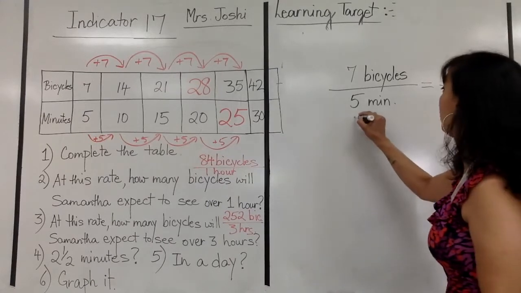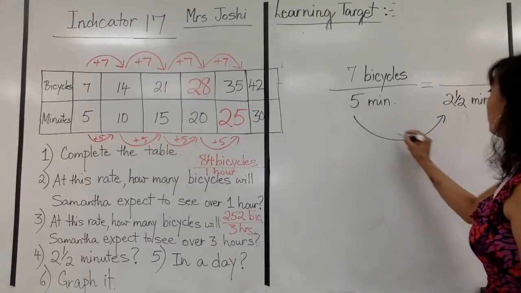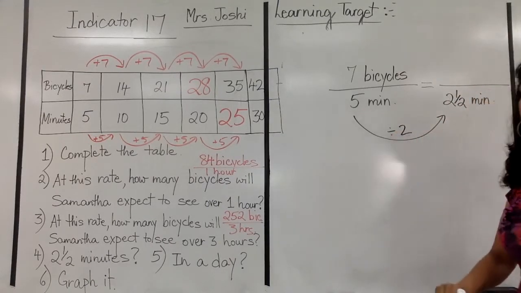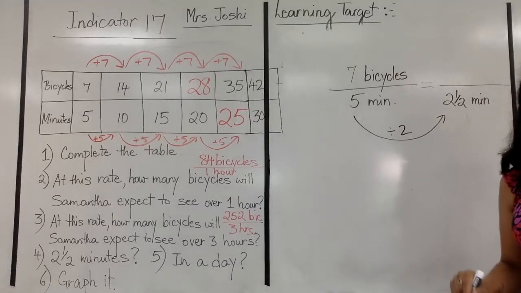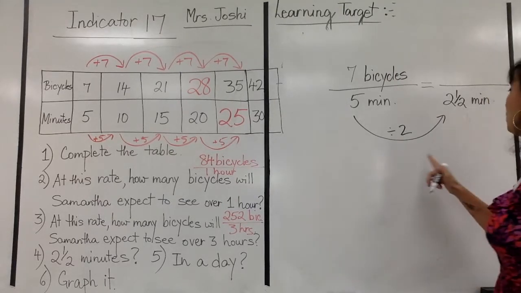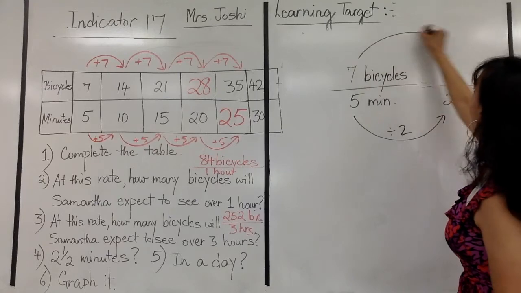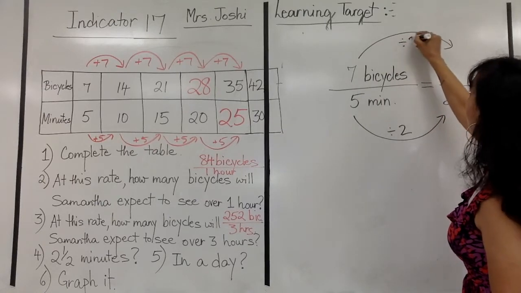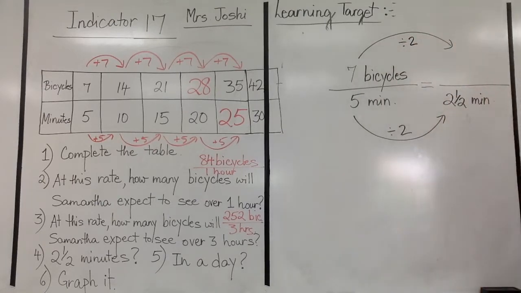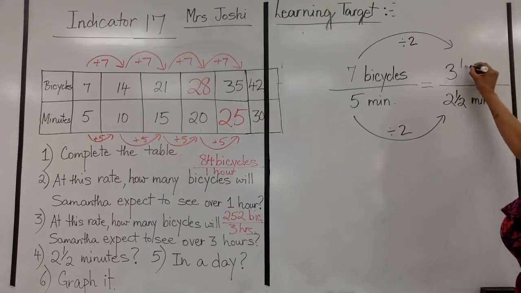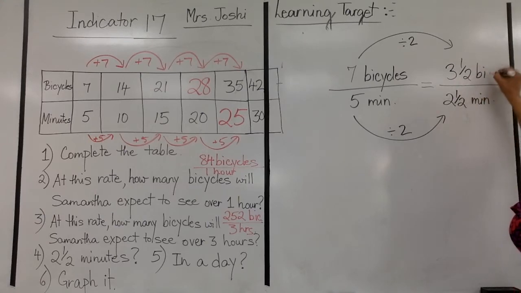So half of 5 is going to give me this. So I'm dividing by 2. Whatever I'm dividing by 2 here, I have to do the same thing over here. Okay, and I get 3.5, because half of 7 is 3.5 bicycles.